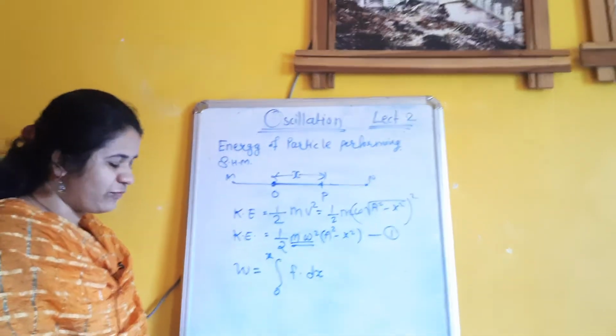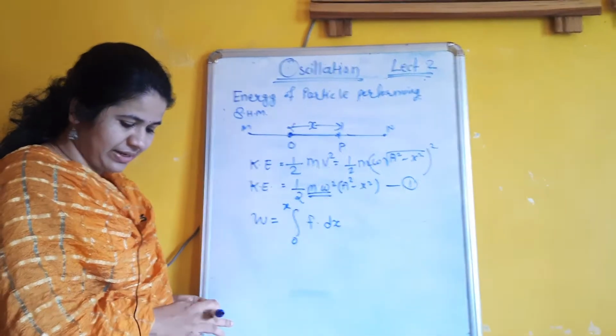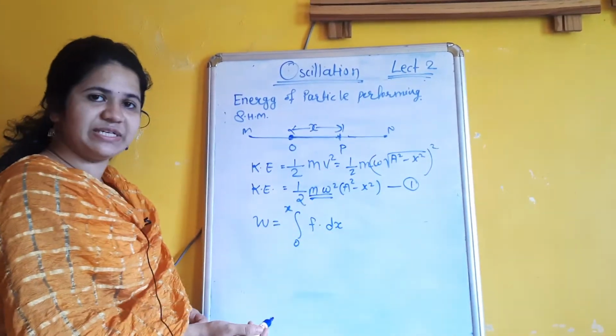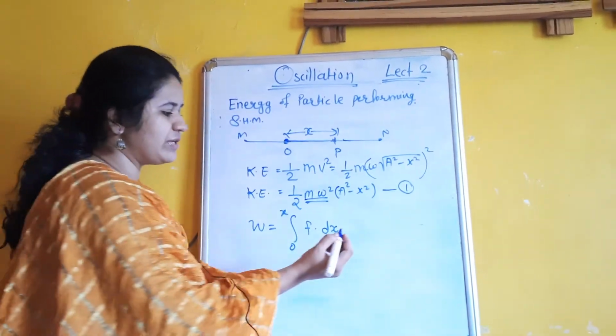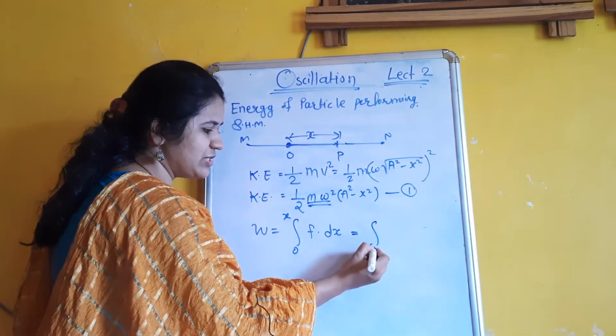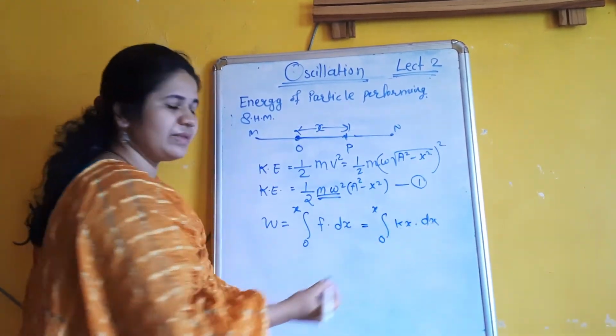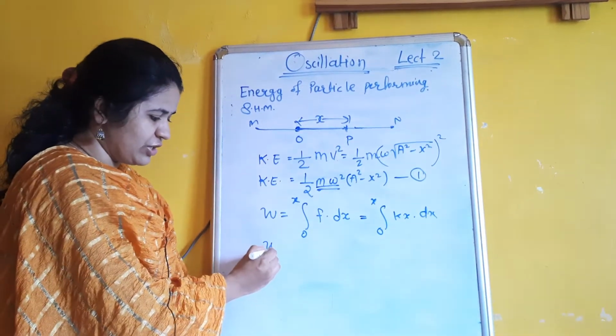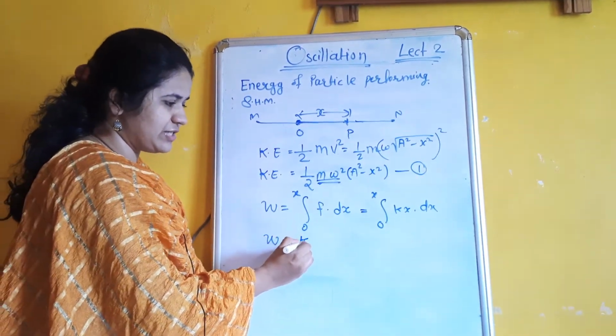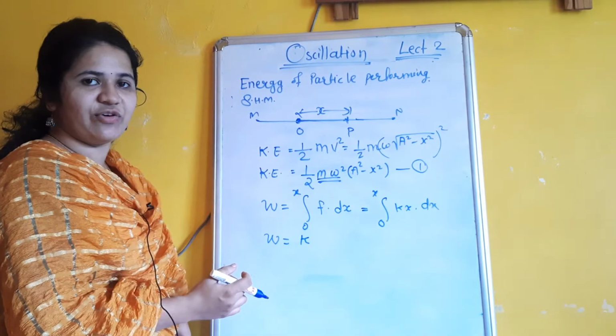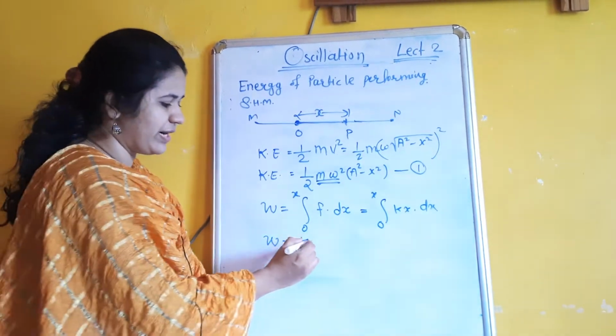The force is minus kx, so we consider the integral from 0 to x of kx dx. Here k is a constant, and the integration of x is x square divided by 2.